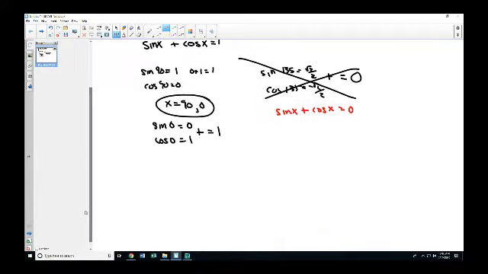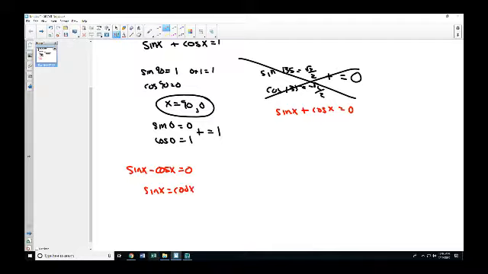Here's another common one. Sine minus cosine equals 0. You can also look at this one in this way. Where does sine x equal cosine x?